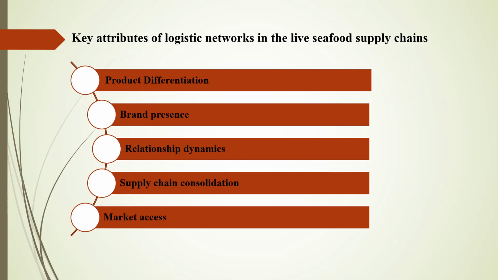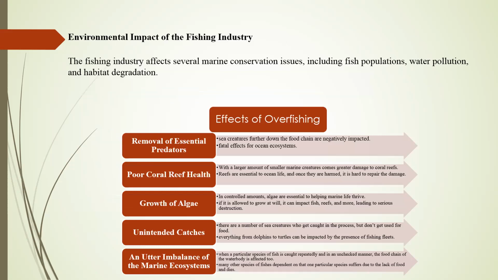sell directly. The fishing industry affects several marine conservation issues, including fish populations, water pollution, and habitat degradation. Overfishing is a good example of the environmental impacts of this industry. With increased overfishing related practices and without sustainable management, many fish stocks are reduced to lower than acceptable levels.